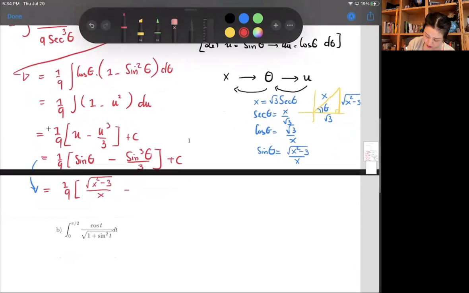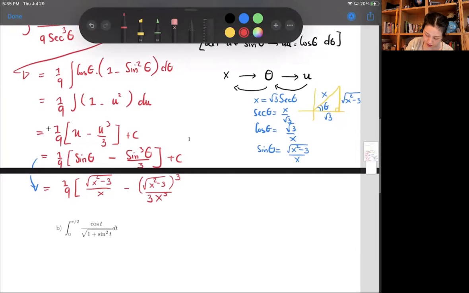So it's going to be square root of x squared minus 3, cubed, over x cubed, over 3. So it's x cubed divided by 3, or times the reciprocal, times 1/3. So it'll be 3 here. Okay, so that will be our final answer.